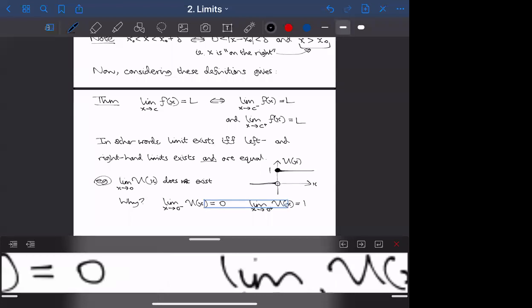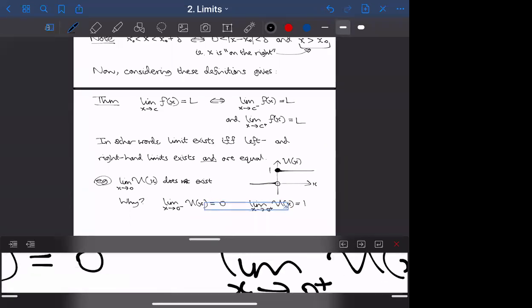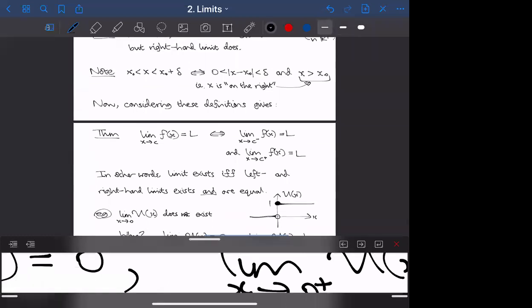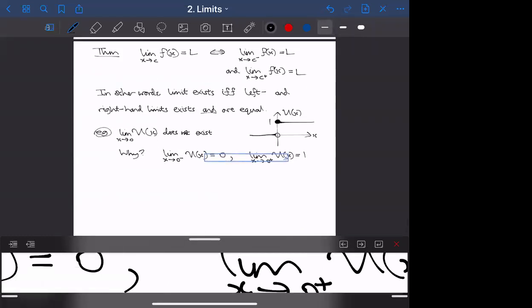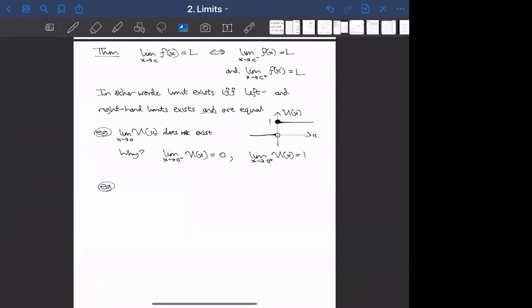So by the theorem, the limit of u(x) as x goes to 0 cannot exist. But it's possible one limit can exist, but not the other.